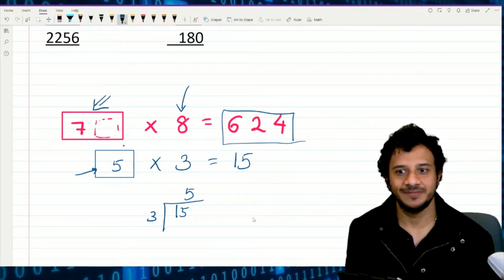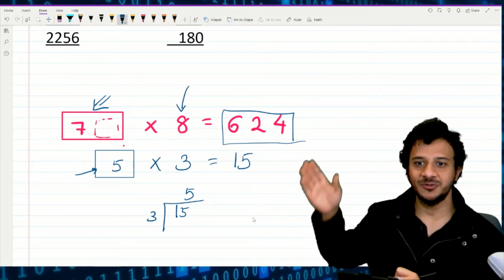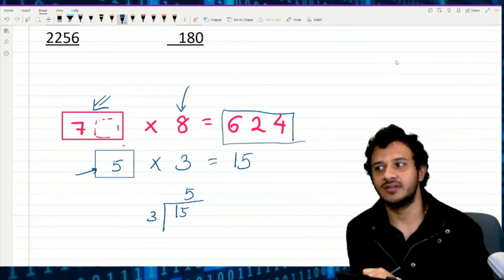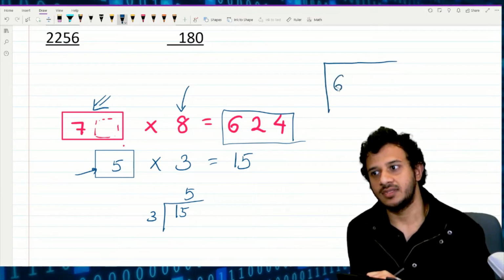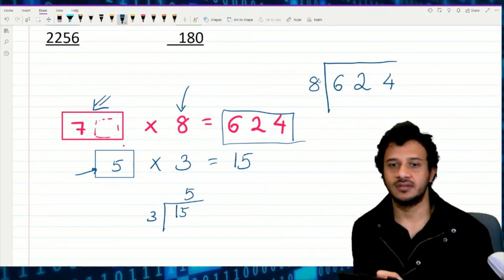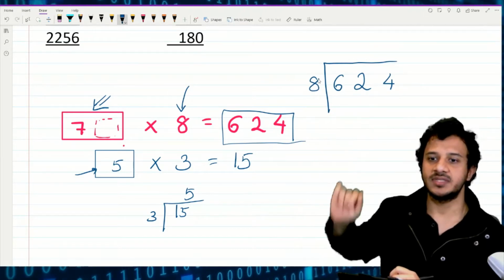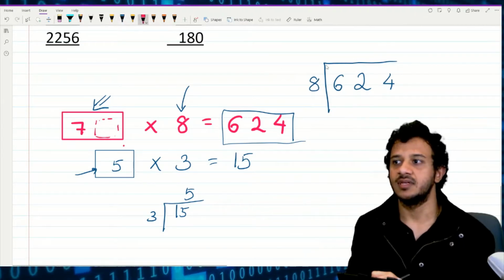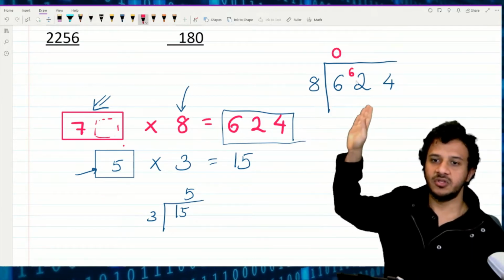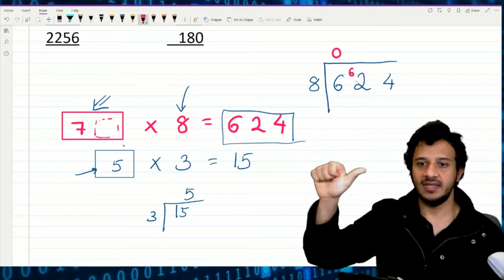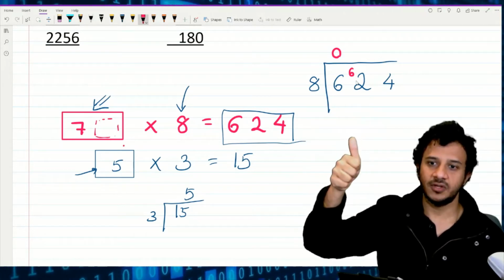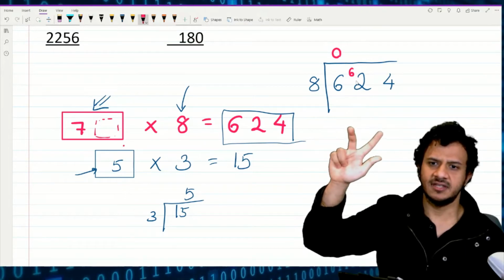Am I right? Yeah. So let's do that. 624 divided by 8. How many 8's can go into a 6? That's a 0, left over 6. How many 8's can go into 62? 8, 16, 24, 32, 40, 48, 56, 64, can't do it.